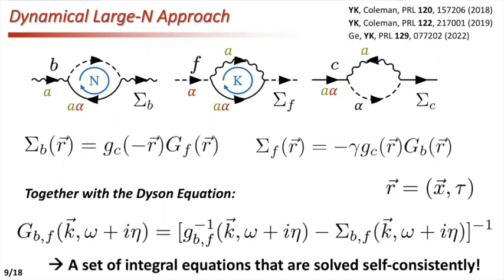This is the self-energy of the boson and the F electron. Together with the Dyson equation, it is a self-consistent set of equations that we need to solve to know about the system. This is similar to the SYK model. Okay, and so the improvement that we did, you see, is that we have introduced this momentum dependence of the self-energy. So we fully capture all the spatial and temporal fluctuations of the self-energy.